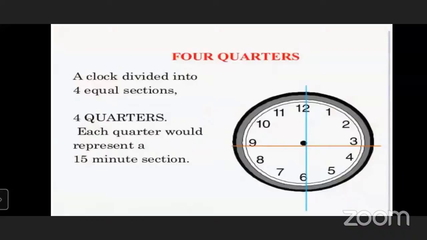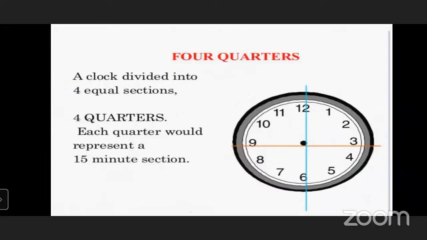Now any clock is divided into four equal sections. First of all, listen carefully, then speak. Every clock is divided into four equal parts, and these equal parts are called quarters.